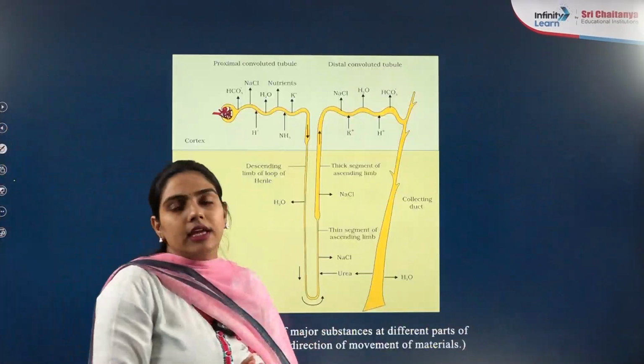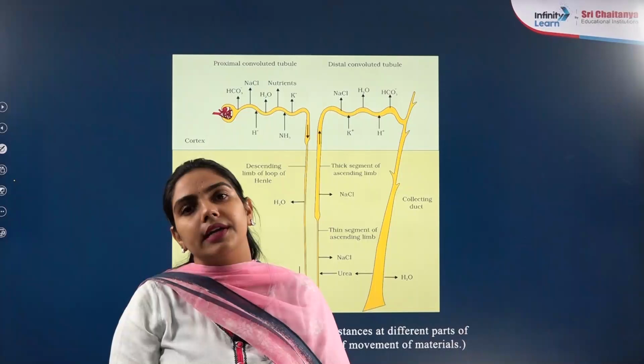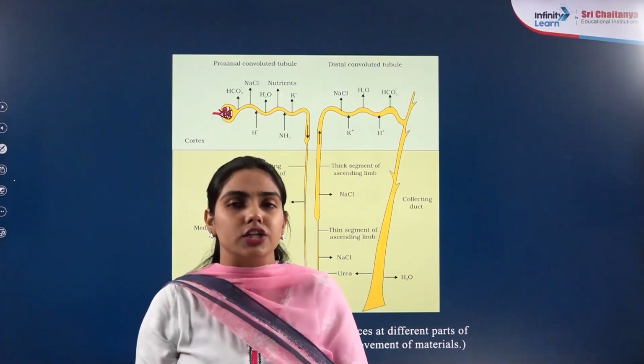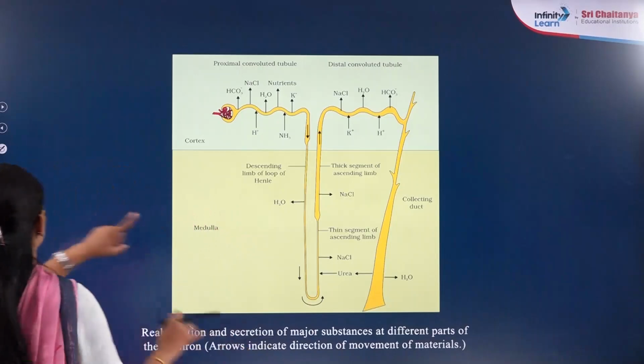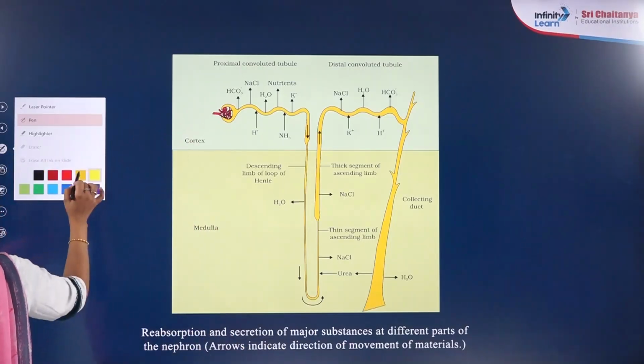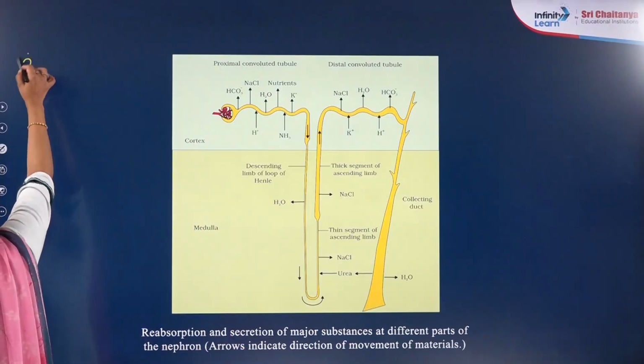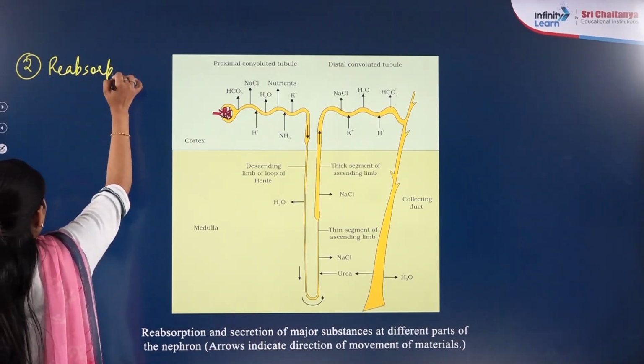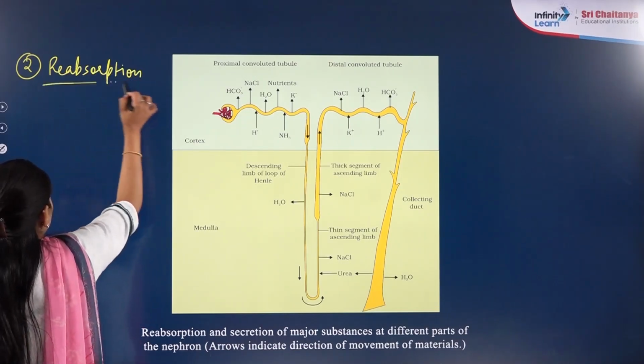Next, this is a very good and self-explanatory diagram of NCERT which will tell you the reabsorption and secretion. So we will understand reabsorption and secretion with the help of this diagram. The second step is reabsorption. What is the meaning of reabsorption?